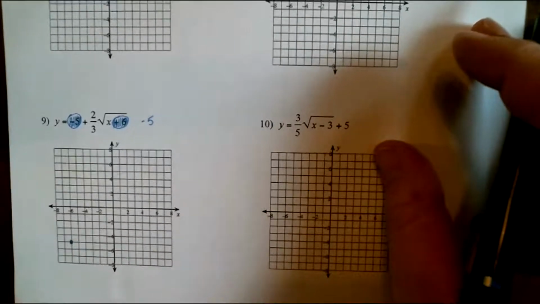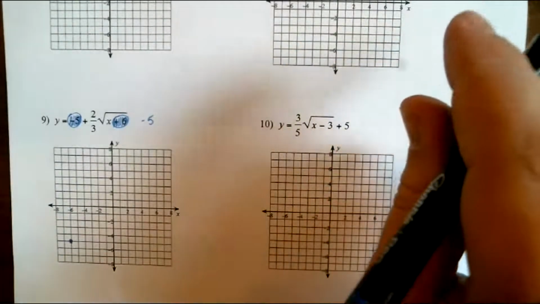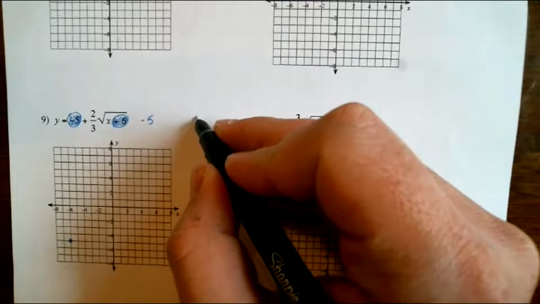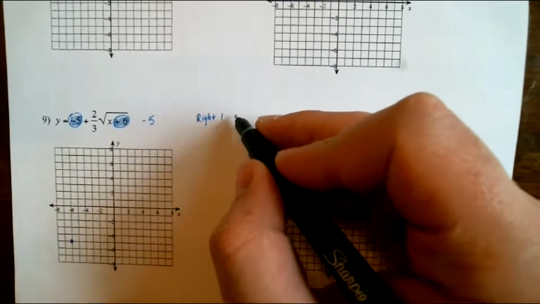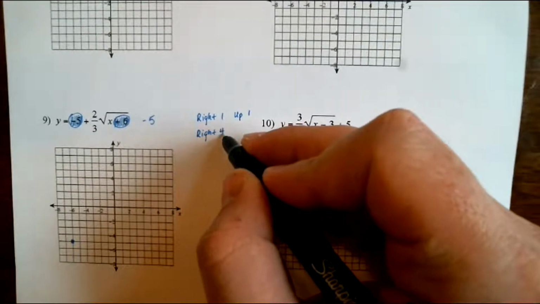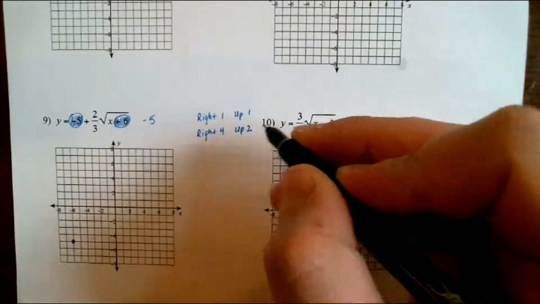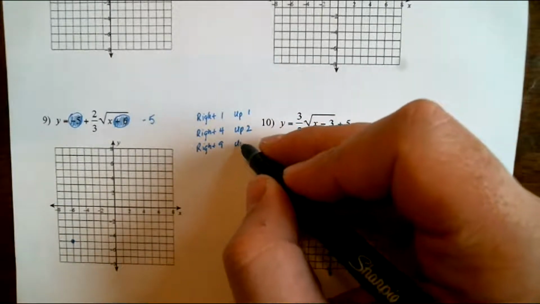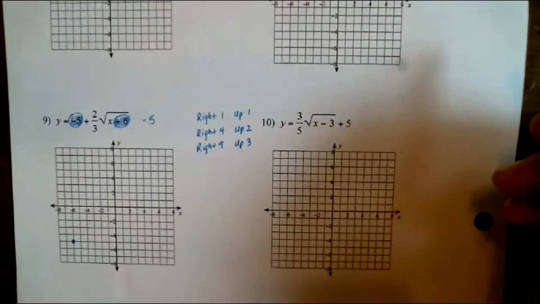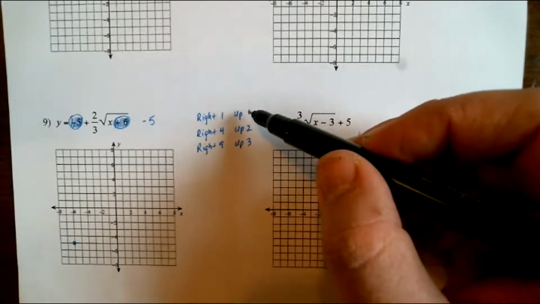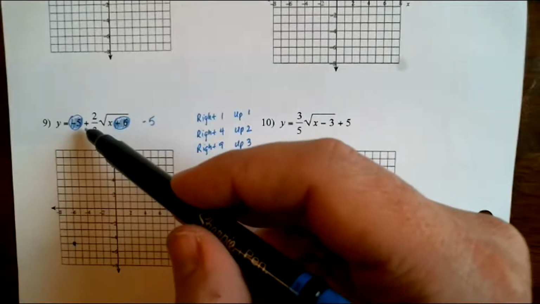Now, typically, with a radical x, we would go right 1 and up 1, right 4 and up 2, right 9 and up 3. But now, from the point we start at, the y coordinate just needs to be multiplied by 2/3.